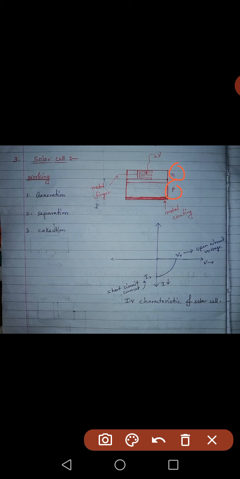N side is thin, P side is a little thick. Okay, and you can see that in N side this metal comb like thing is there, which is called metal finger. Okay, that is in N side. In P side, just below that, we have a metal coating, generally made of copper.